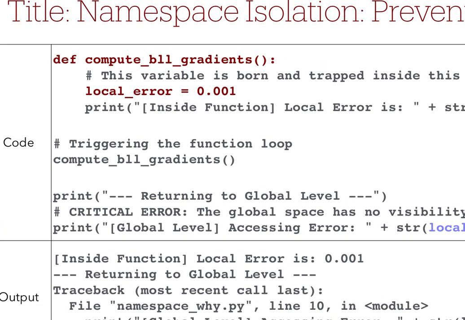So if I, for example, define a function, say compute BRL gradient function is defined, and within that function, I defined a local error with 0.001. If I call the function, then my Python interpreter will execute those indented lines inside the compute BRL gradient function.